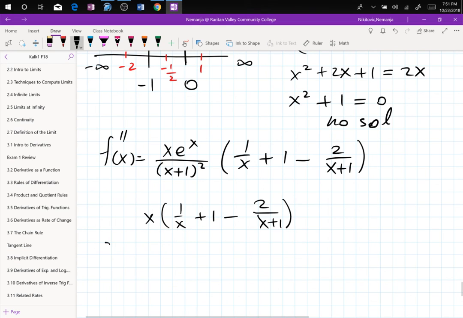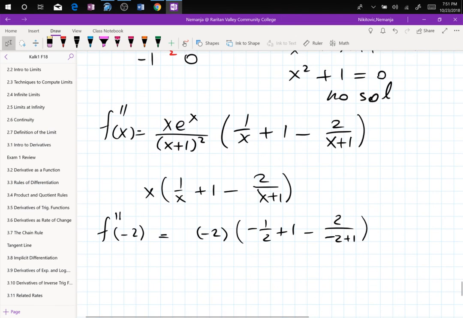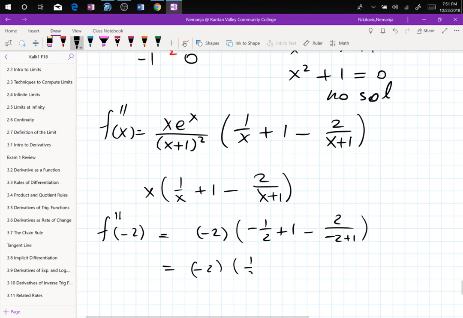So to test the second derivative at -2, all I need to check is the sign. That's -2 times 1 over -2 plus 1 minus 2 over -2 plus 1. So this is going to be -2 times, and I have now 1/2 minus 2.